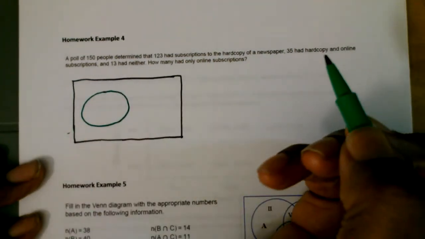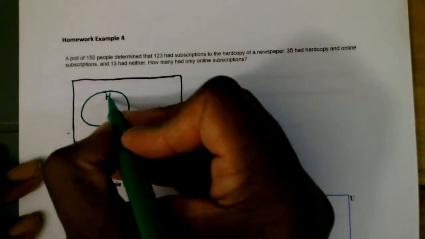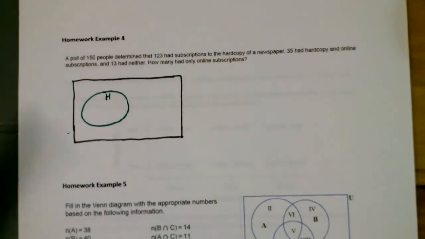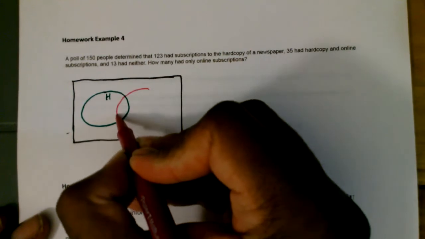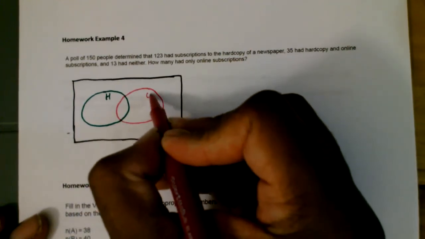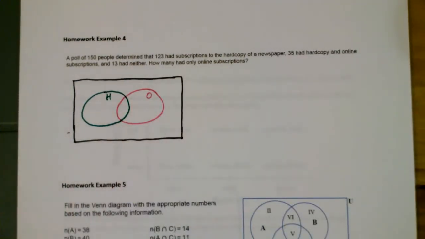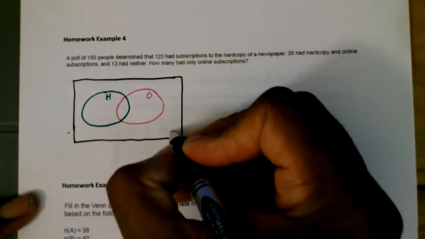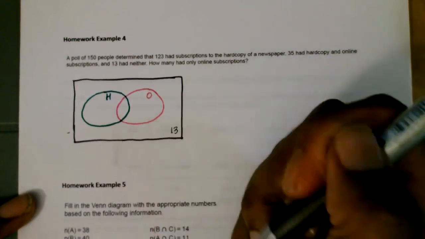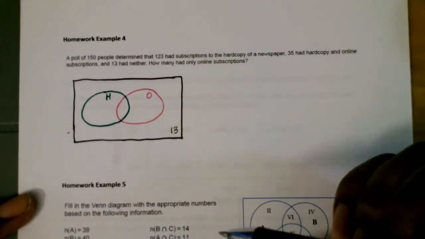So this circle here will represent hard copy, which is H. And the other one will be the online subscription, that's O. So let's take a look at what we have here. 13 had neither, so that 13 would go on the outside of those two circles. 35 had hard copy and online subscriptions.